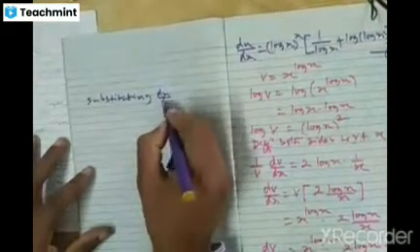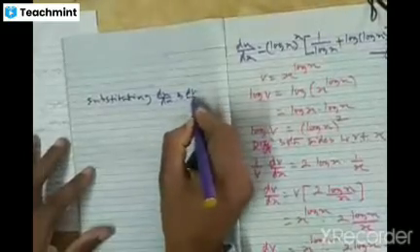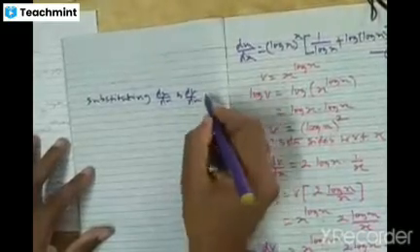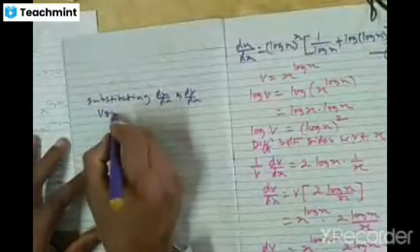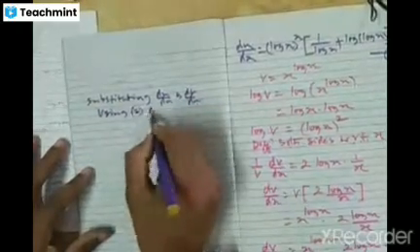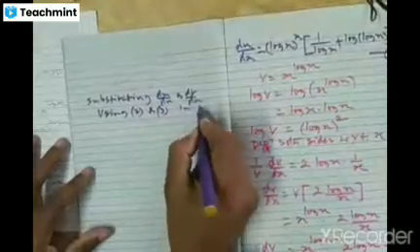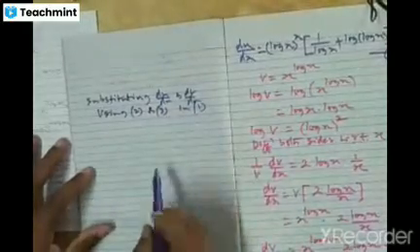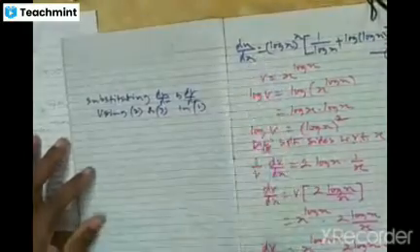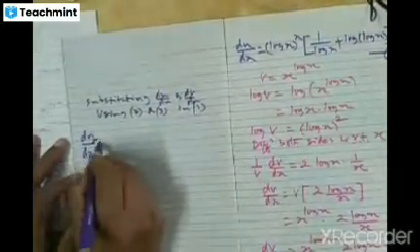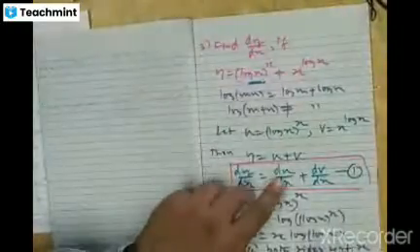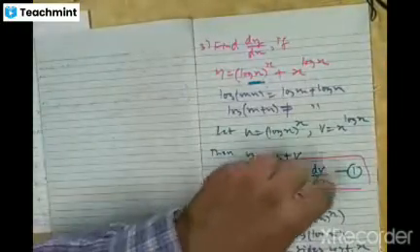Using equation 2 and 3 in equation 1, we get dy by dx is equal to du by dx plus dv by dx.